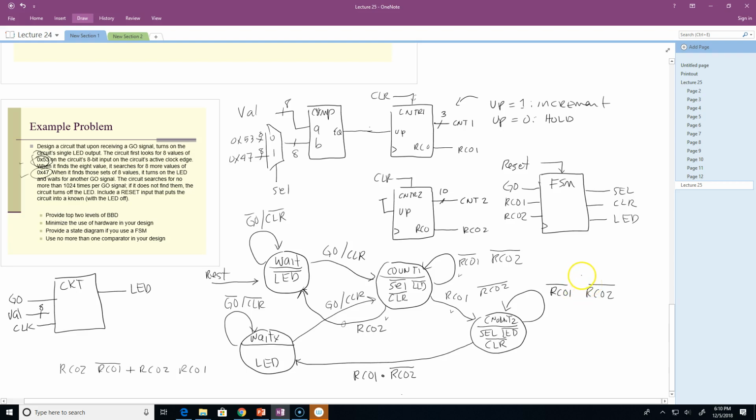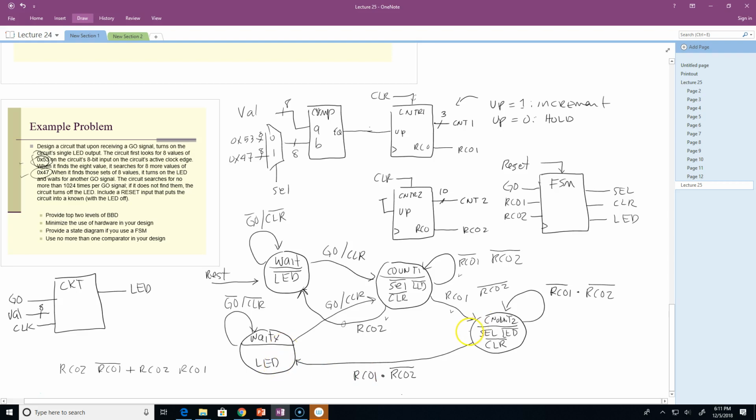Why does it keep turning off? Pen's freaking out. Okay, so this is saying if it hasn't timed out, and I haven't found my 8 events, it stays there. What this is saying is it hasn't timed out, I found my 8 events, and so I turned the signal off.